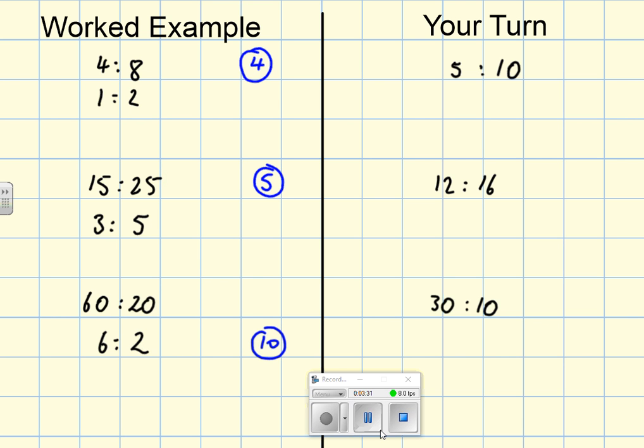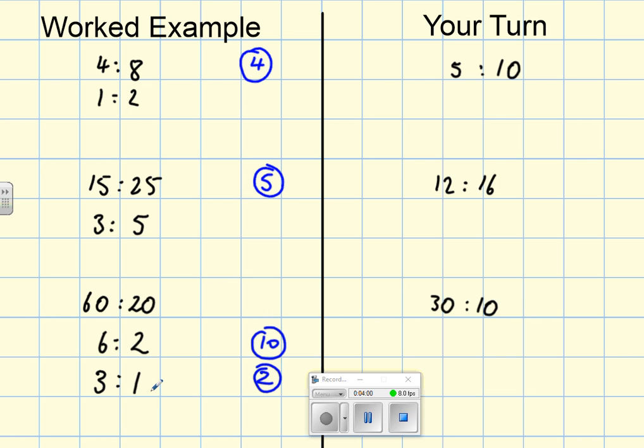But I've spotted something there. There's another times table that both 6 and 2 are in. 6 and 2 are both in the 2 times table. So I have to go on a second stage, and again I can think 2 times what is equal to 6? The answer is 3. And 2 times what is equal to 2? The answer is 1. So the ratio actually simplifies all the way from 60 to 20 down to 3 to 1.